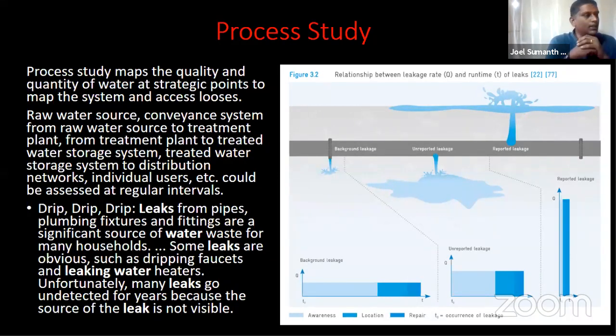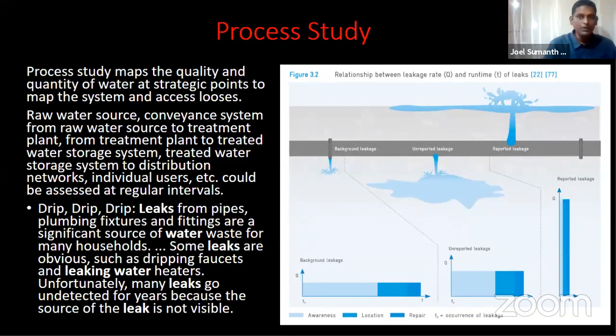So, when you see a water process study, if you take the example of the university campus, the water that is used for gardening is not the same water that is being consumed for drinking. The water that is used in the labs is not the same as the water that is being used in the toilets. So for different service and discharge points, delivery points, you have different quality of water that is being used.